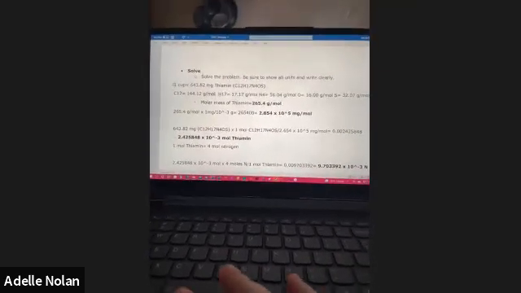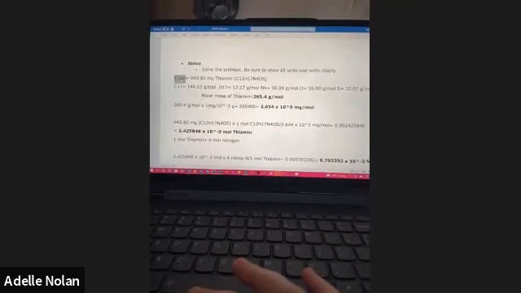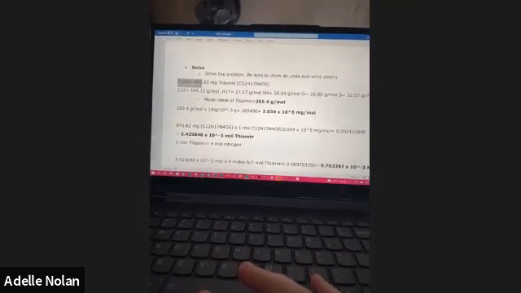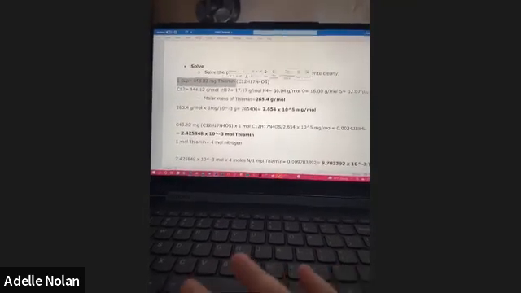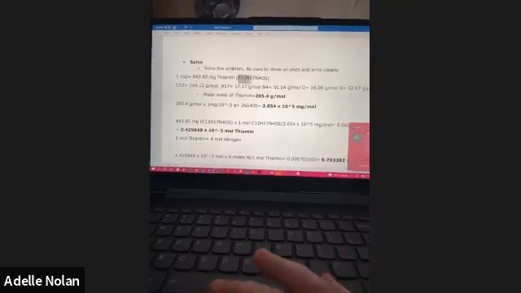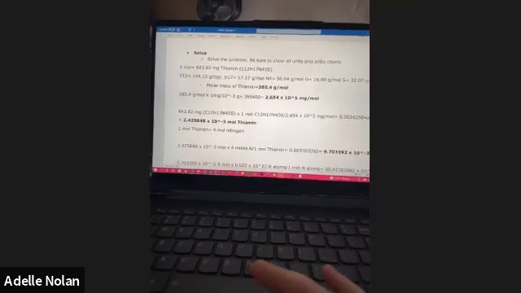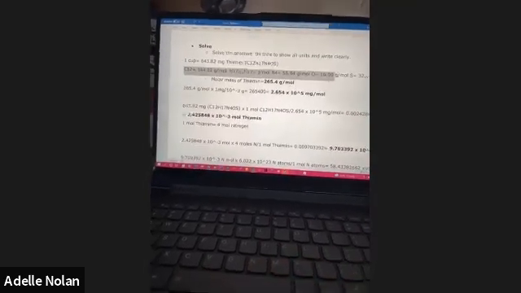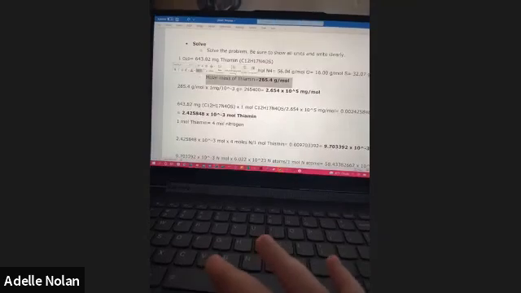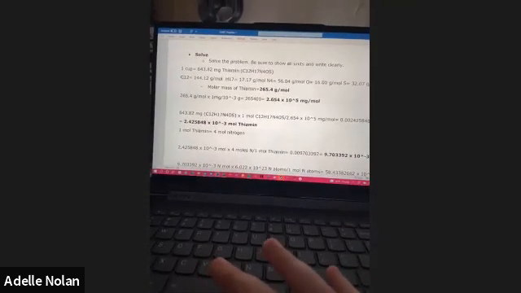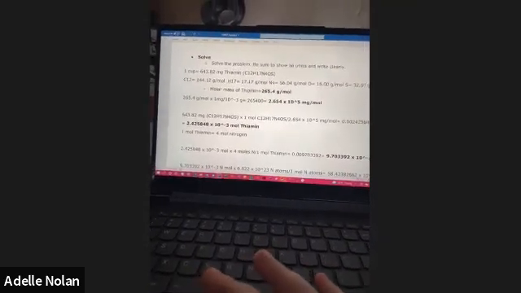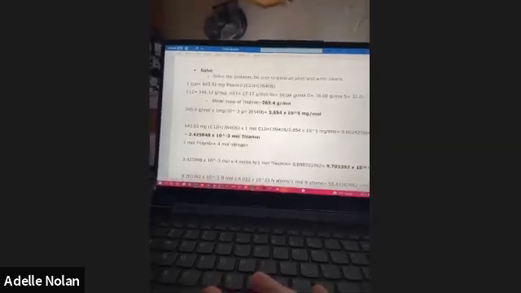Okay, so first we collect information. We have 1 cup is equal to 643.82 milligrams of thymine, and the thymine has the formula C12H17N4OS. And then we'll find the molar mass of each of those things. So for carbon, take the molar mass of carbon and multiply that by 12, you get 144.12 grams per mole.